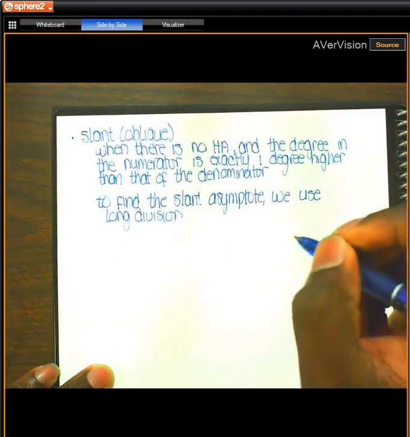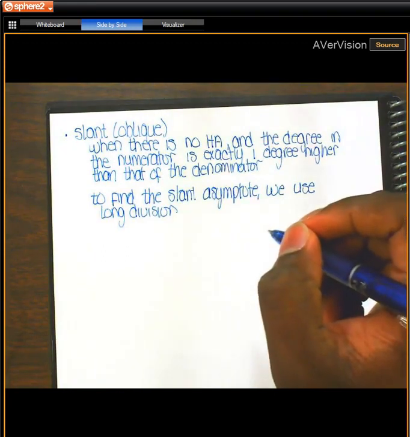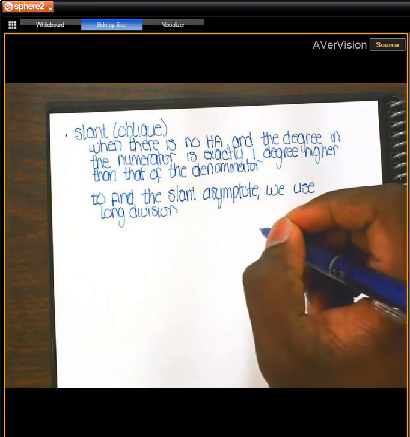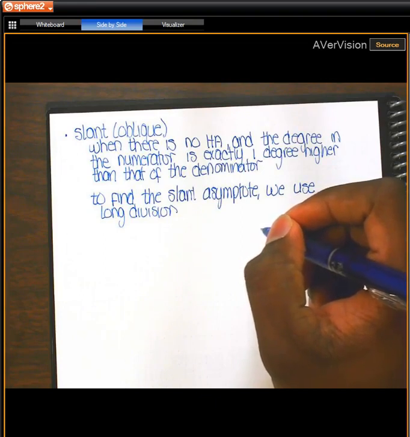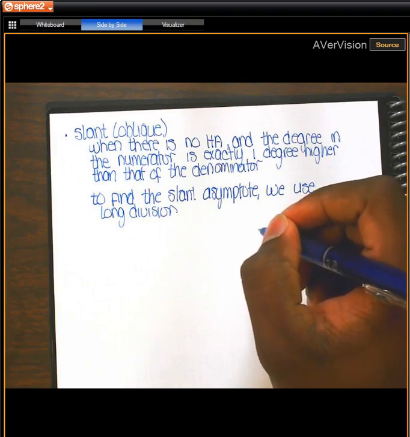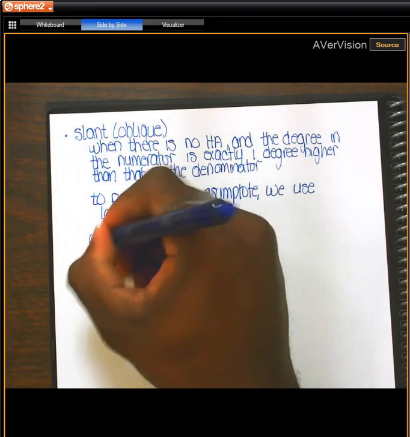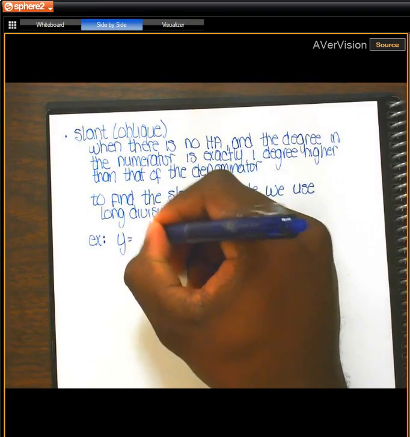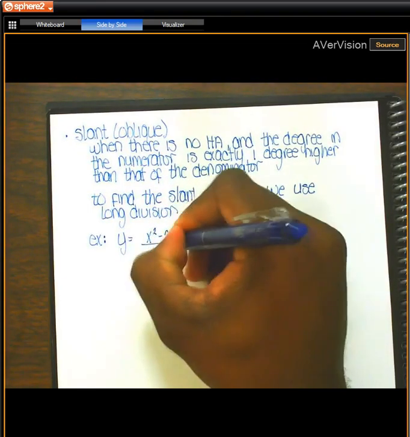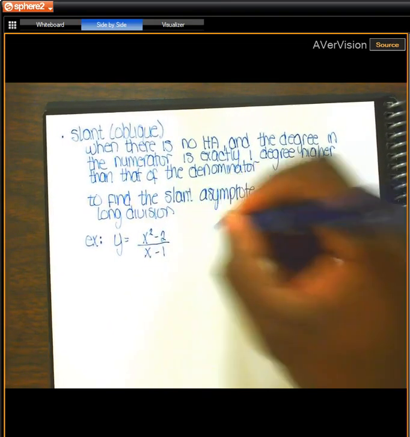To find the slant asymptote, we have to use long division. Now, I know you remember that. Right? All right.